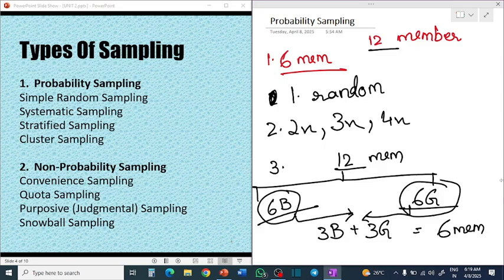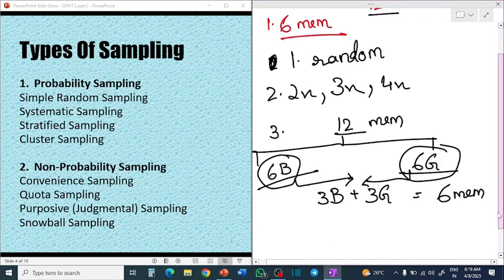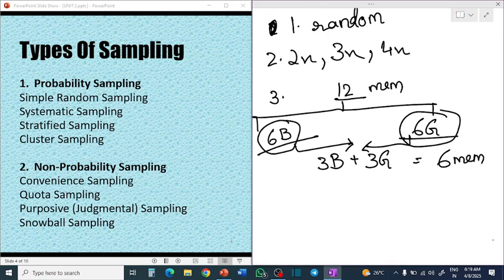Then we come to cluster sampling. In cluster sampling also, there are 12 members. Now, each member you have divided into, suppose, a group of 3 members.